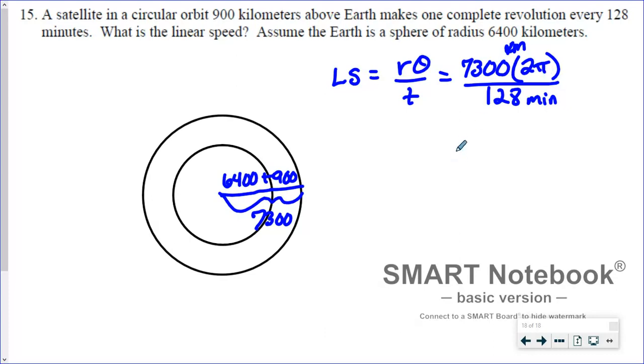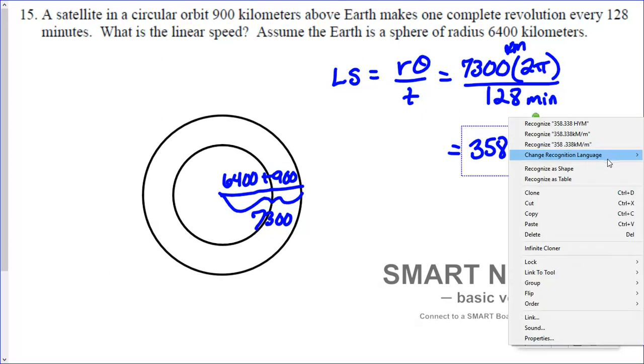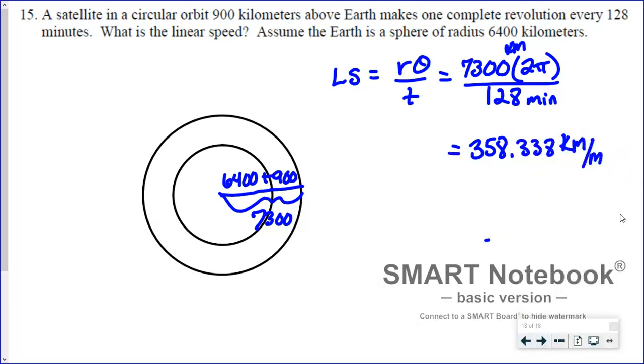That's just going to tell us that we'll have kilometers per minute here. So simply plug that into our calculator, and you get 358.338 kilometers per minute. And that's it.